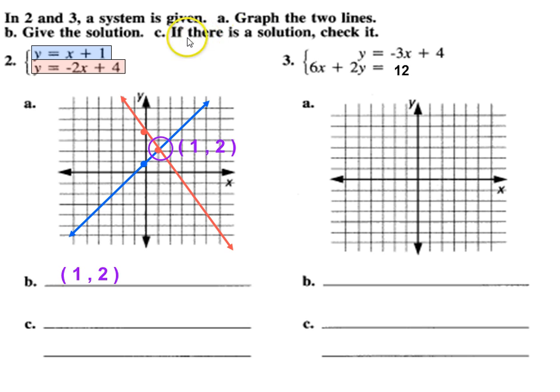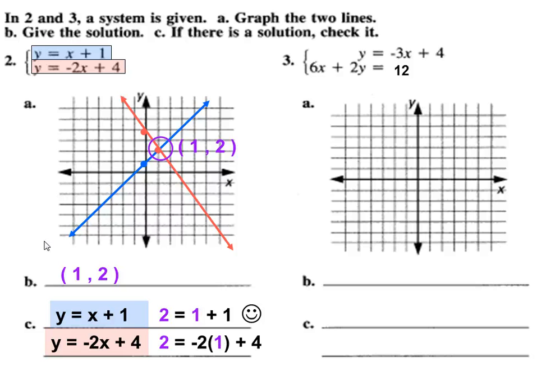And then we can check that solution in part C here by saying if x is 1, then y is 2. If we plug that into the top equation, y equals x plus 1, we get 2 equals 1 plus 1, which is true. So it does indeed satisfy the top equation. We'll check it for the bottom equation, y equals negative 2x plus 4.